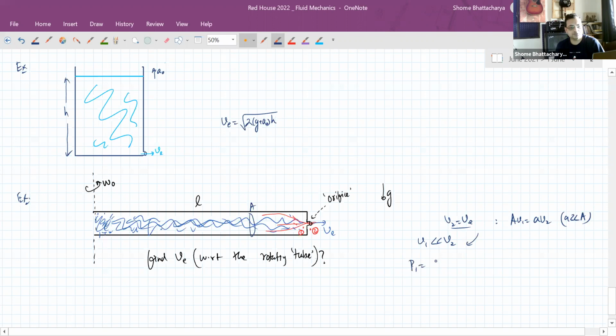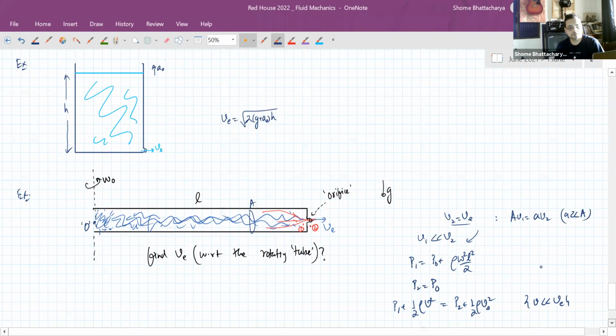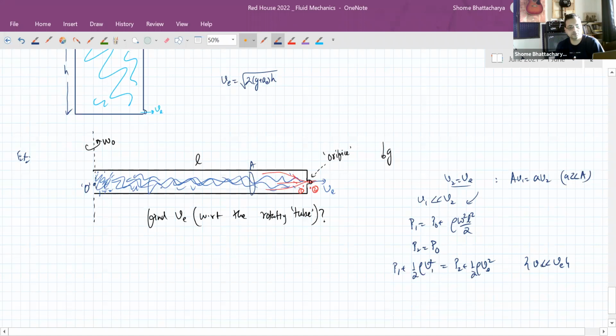But pressure at the point 1 will be equal to, if we take this as the point 0, atmospheric pressure plus rho omega square L square by 2. Okay. And pressure at the point 2 is P naught, because it's just outside. So P1 plus half rho V1 square is equal to P2 plus half rho VE square. And again, V1 is negligible compared to VE.